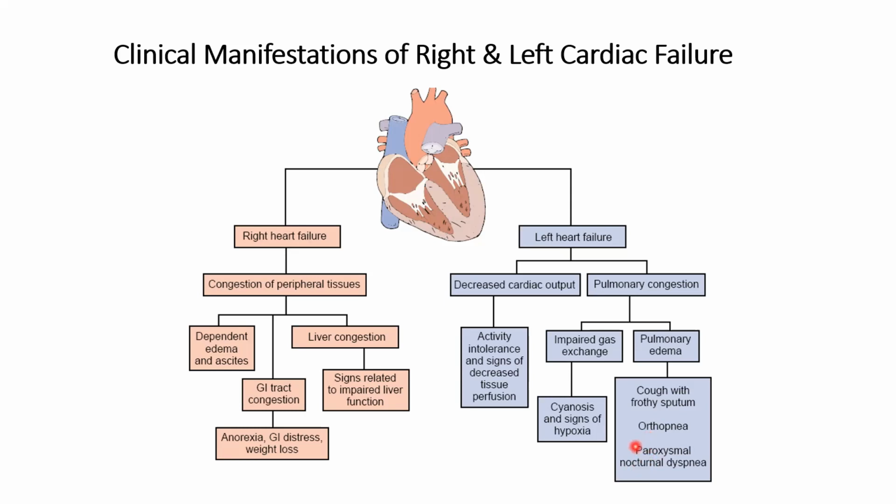There will be difficulty in breathing related to posture as well. So this is basically the right and the left side failure and the clinical manifestations, right from the symptoms, and the underlying physiological concepts.